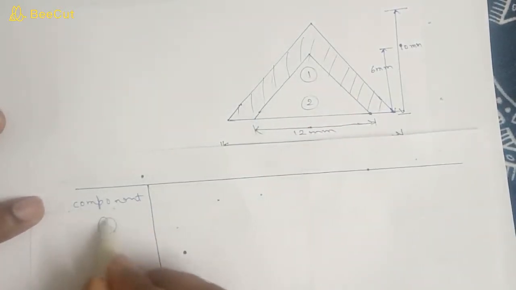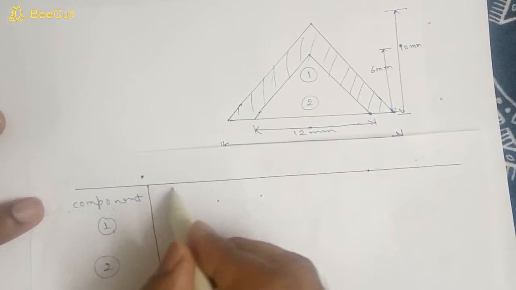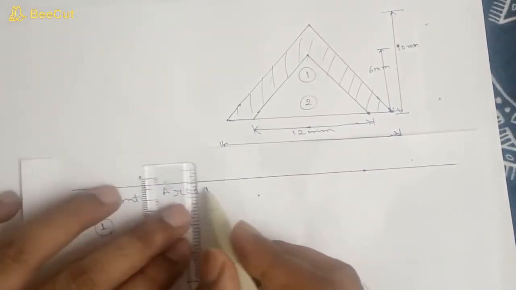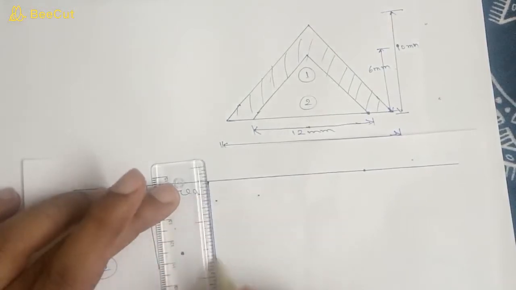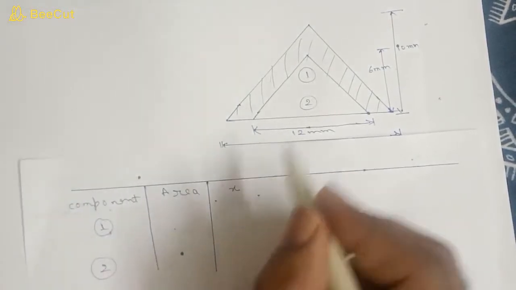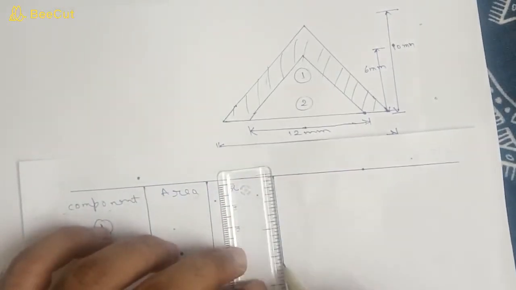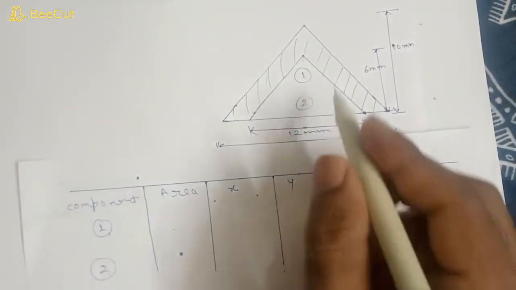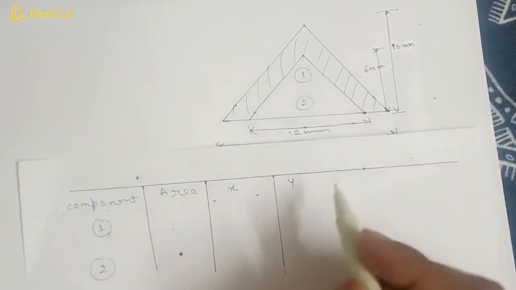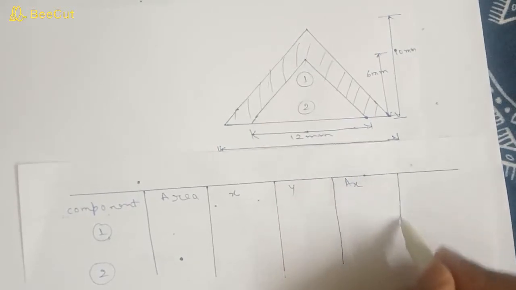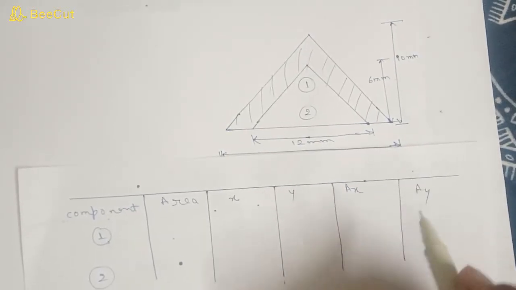So we have component number 1 and component number 2. Then we will write area. Then we will write the x coordinate of the centroid of the individual shape, then the y coordinate of the centroid of the individual shape, and then ax, and then ay.